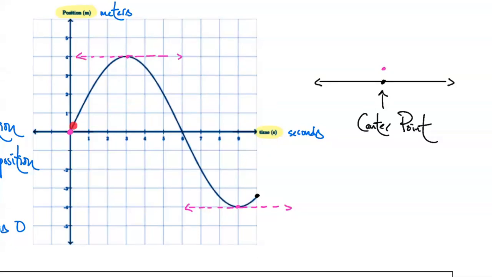So imagine that you are going to the right, going to the right, going to the right. You stop. Now you're coming back towards the center point, okay? So you are moving to the right, moving to the right, moving to the right. You stop and you turn around and come back towards the center, right?